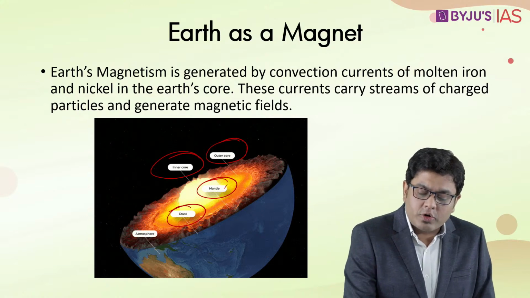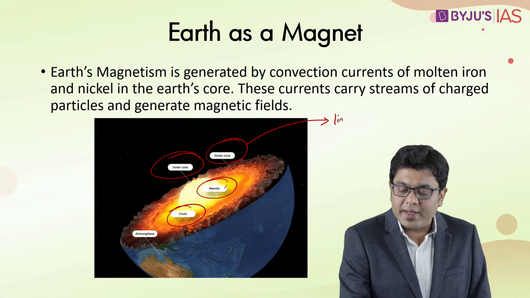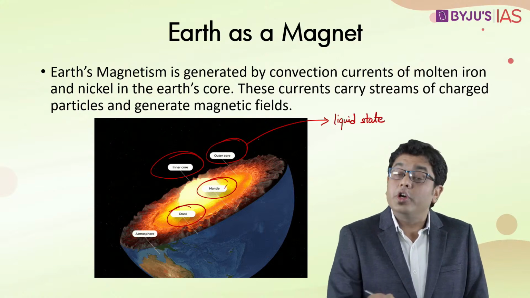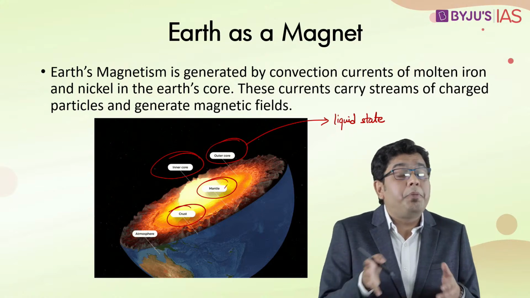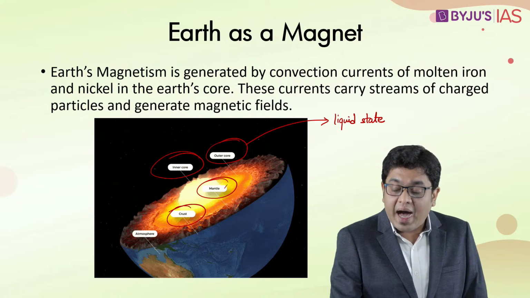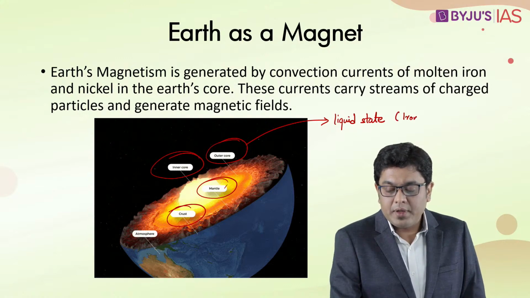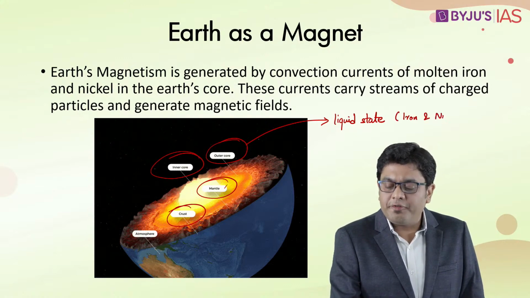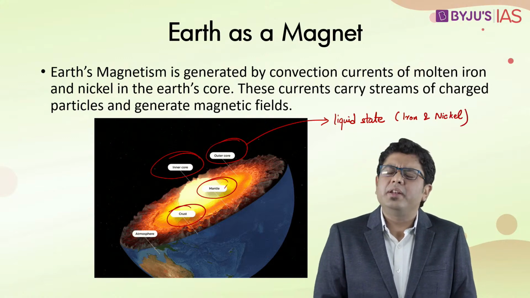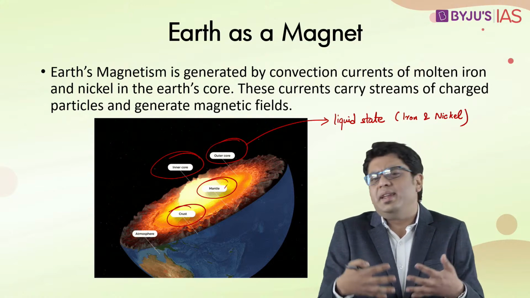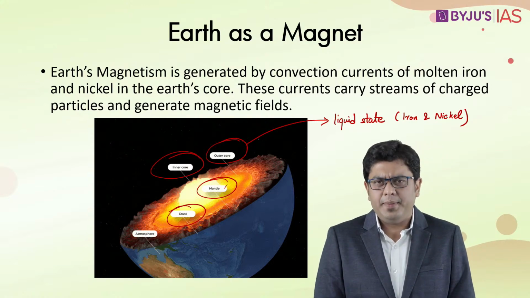It is very important to understand that this outer core is in a liquid state. This outer core has a predominant presence of iron and nickel. This presence of iron and nickel has been there since the formation of Earth itself. It is not a new phenomenon.